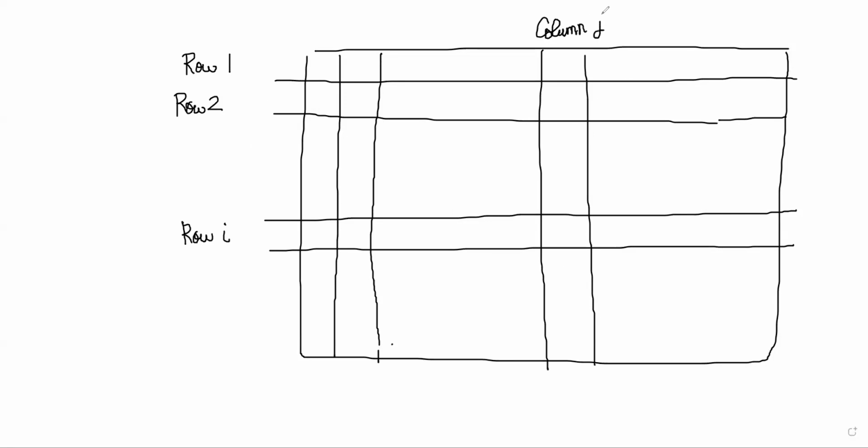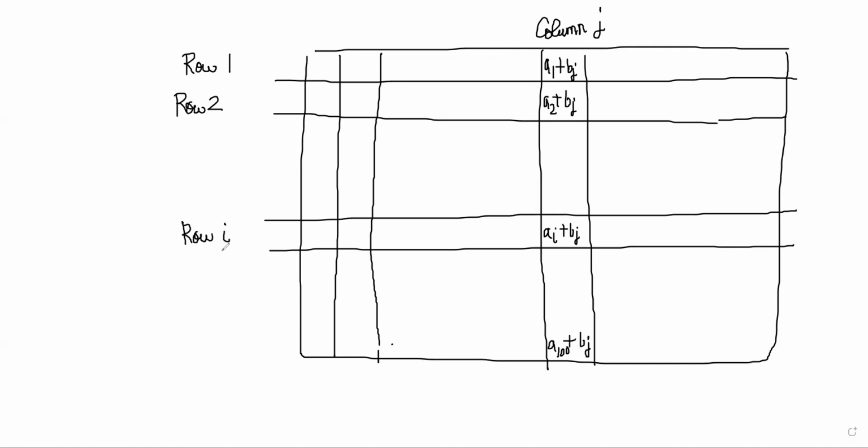Column j. So the term here, row 1 and column j, would be A1 plus Bj. And here it will be A2 plus Bj because it is row 2 and column j. And here it will be Ai plus Bj. And here it will be A100 plus Bj, right?